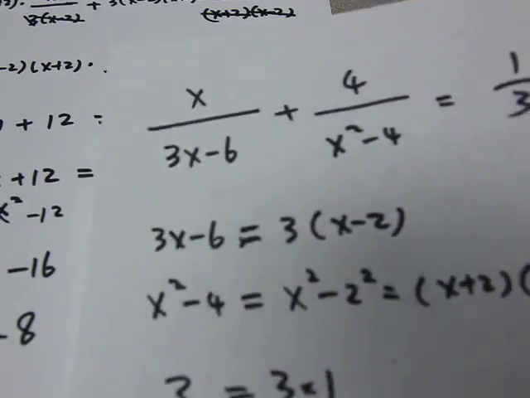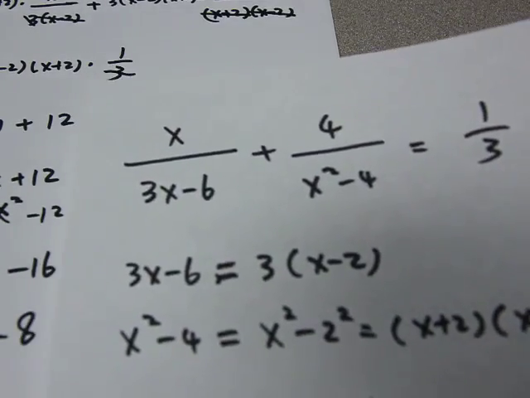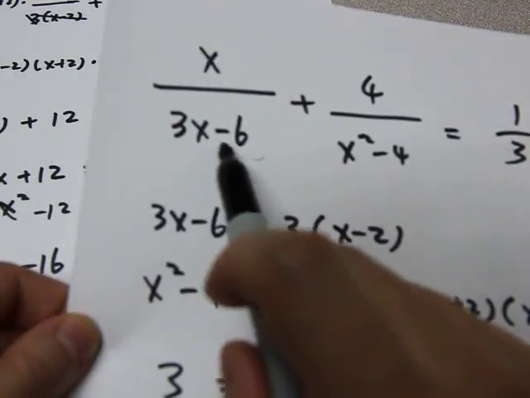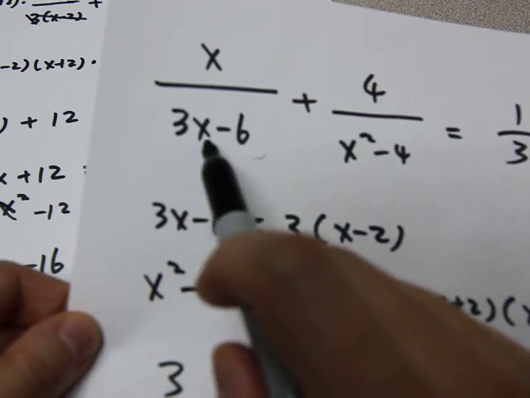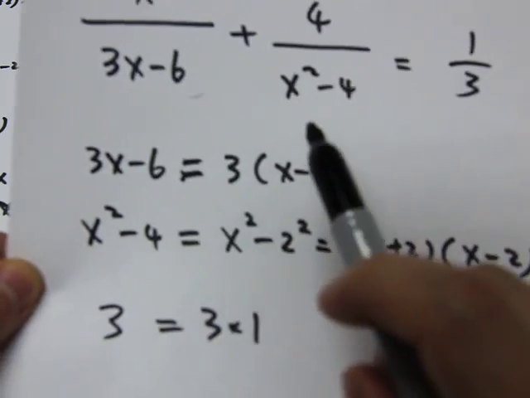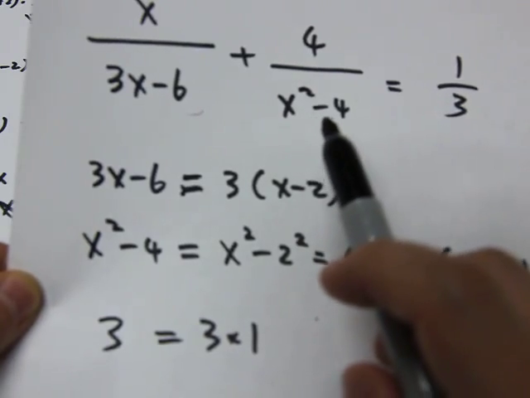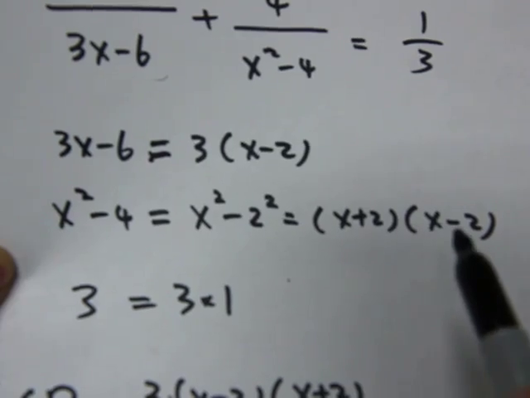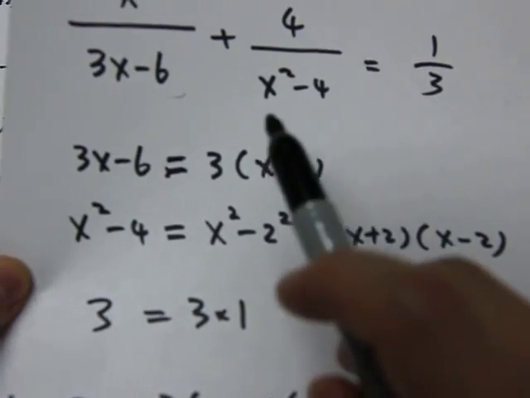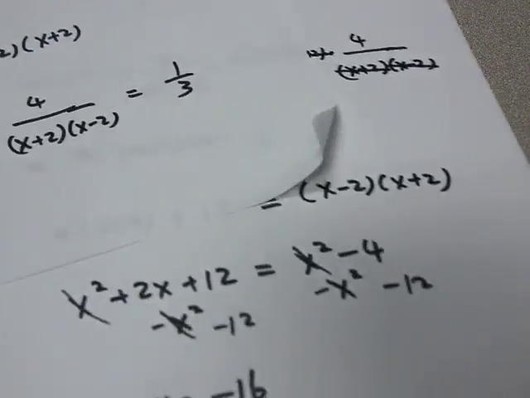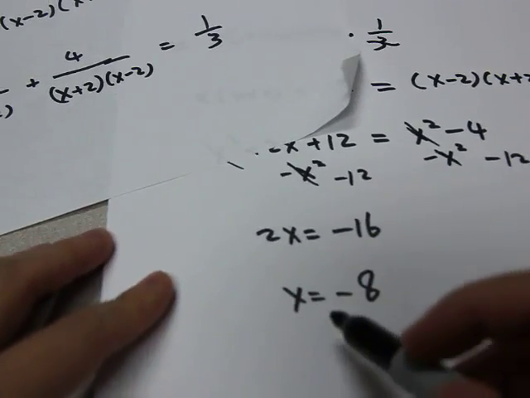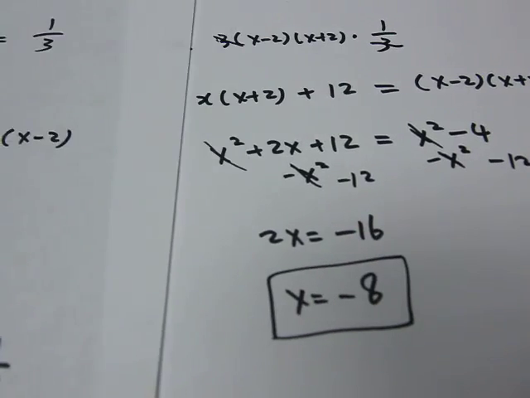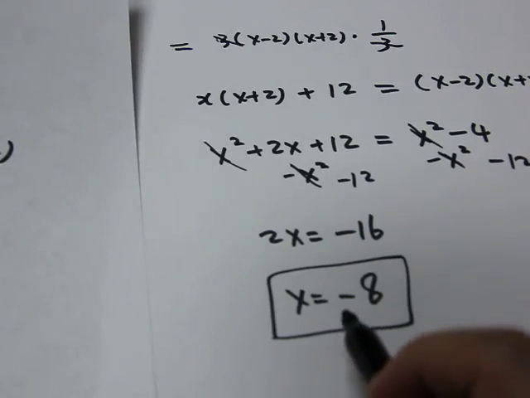And don't forget to check the undefined values. Right. So the undefined value of the first rational expression is 2, right? And the undefined values of the second rational expression are 2 and negative 2, right? So therefore, since negative 8 is not one of them, the solution of this equation is negative 8.